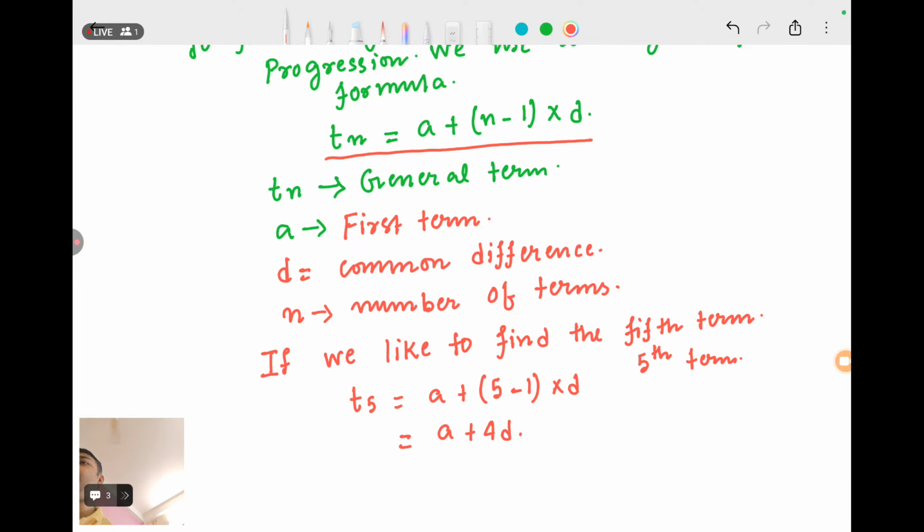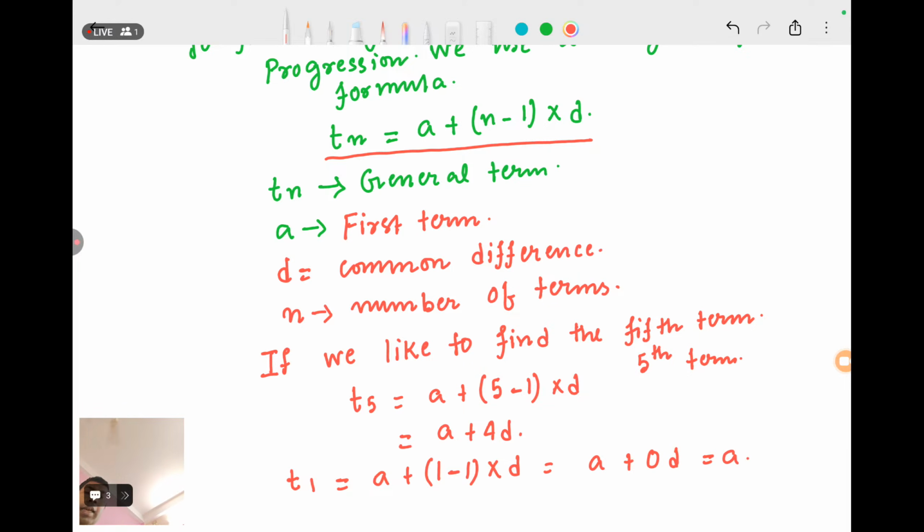Okay, now if we like to find the first term, t1 is denoting the first term, so when we put this, a plus 1 minus 1 into d is equal to a plus 0d is equal to a.